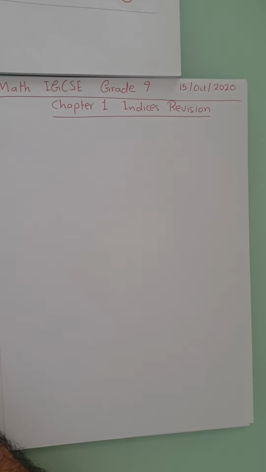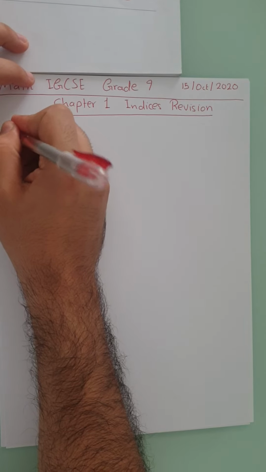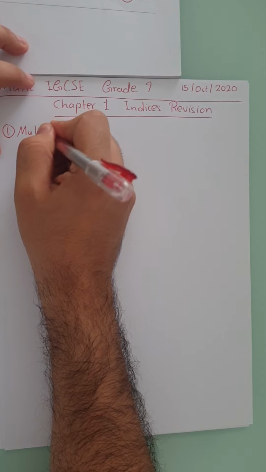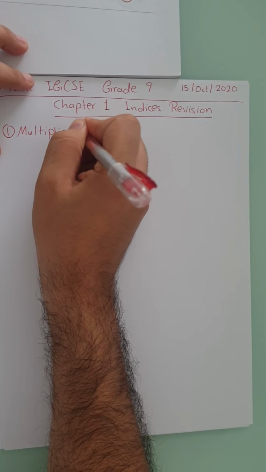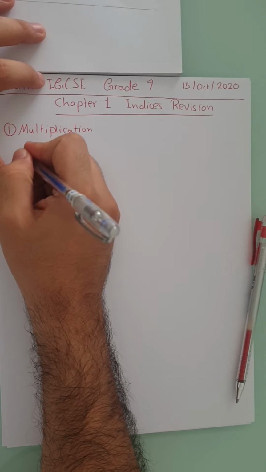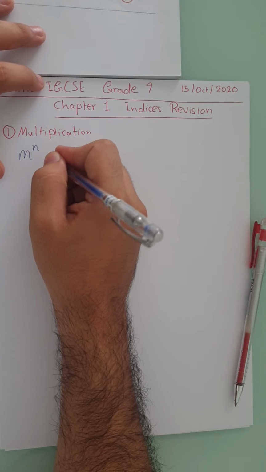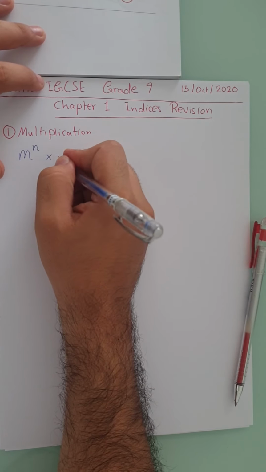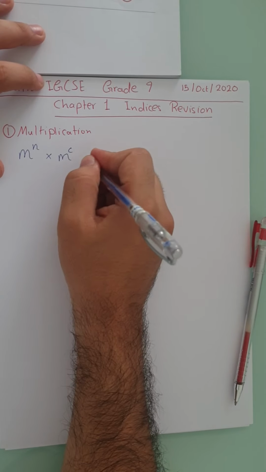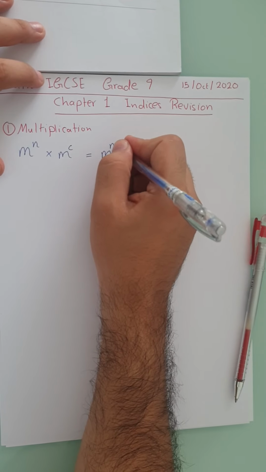Okay, so in the indices, we have a few rules that you need to understand and memorize. First rule is the multiplication. If I have, for example, m to the power of n times m to the power of c, the answer should be m to the power of n plus c.